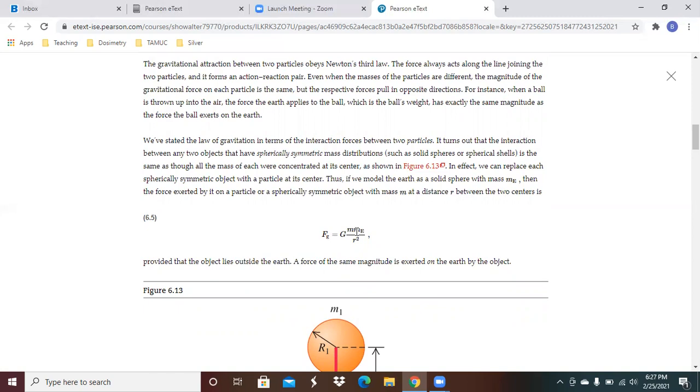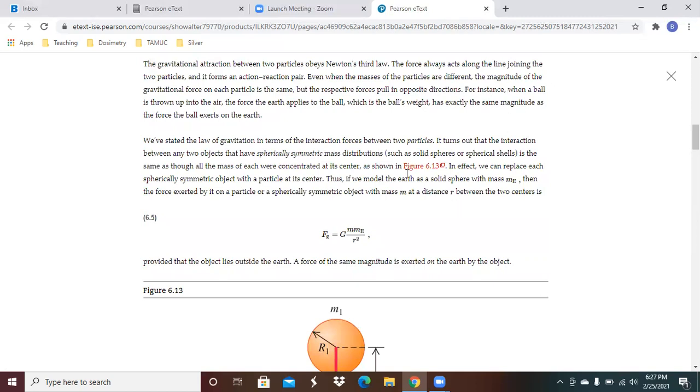The force always acts along the line joining the two particles, and it forms an action-reaction pair. Even when the masses of the particles are different, the magnitude of the gravitational force on each particle is going to be the same, but respective forces pull in opposite directions.